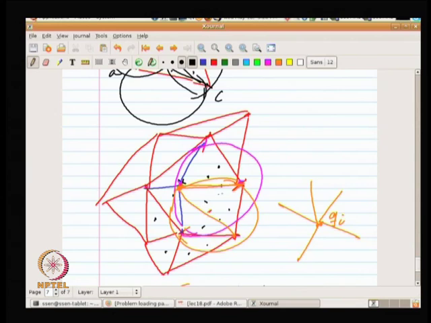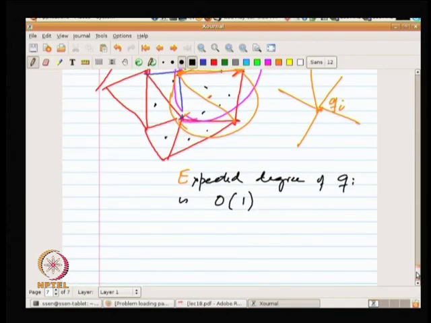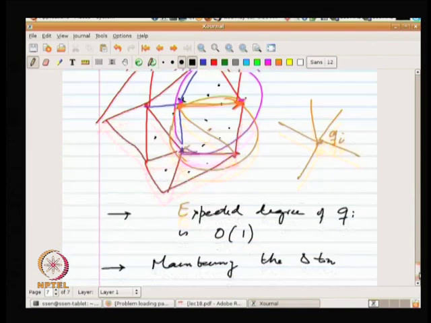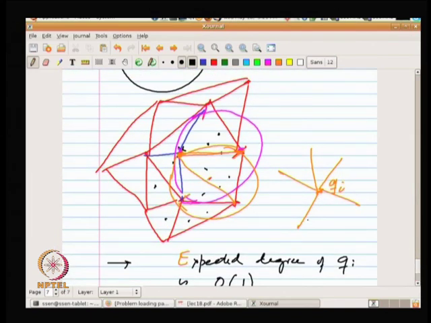The other thing is that we also need to worry about the points that lie within the triangle. When I picked up qi, I should know that qi lies in a certain triangle. So, I also have to maintain the triangulation. There is the other job of maintaining the triangulation, so that whenever I add a new edge, the points have to be redistributed.